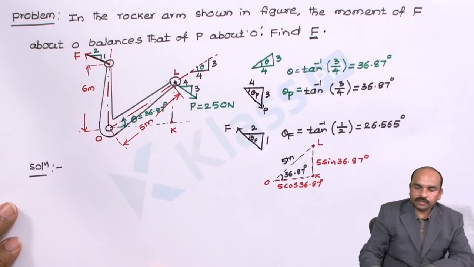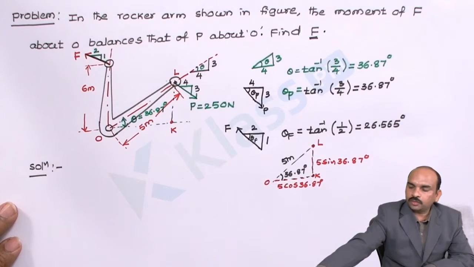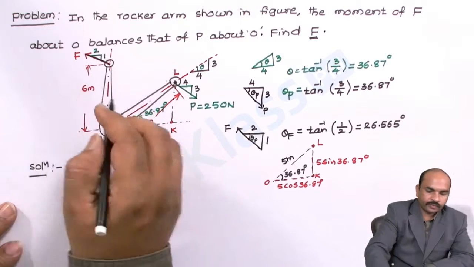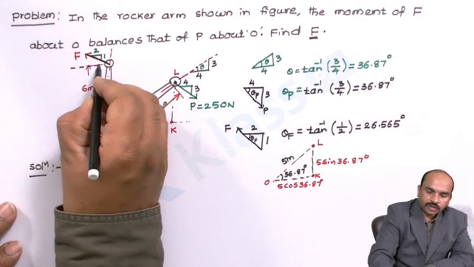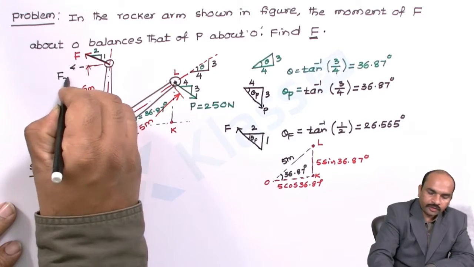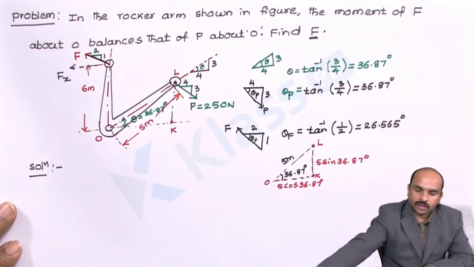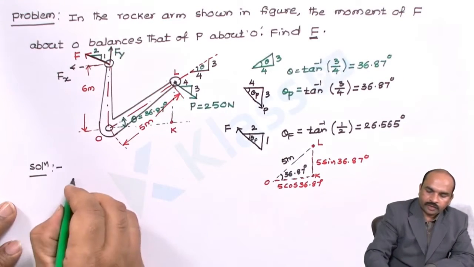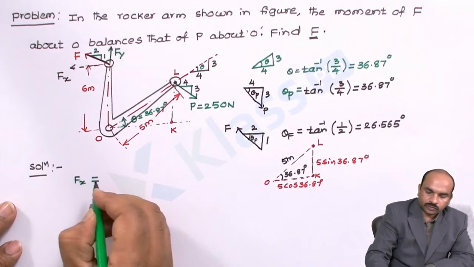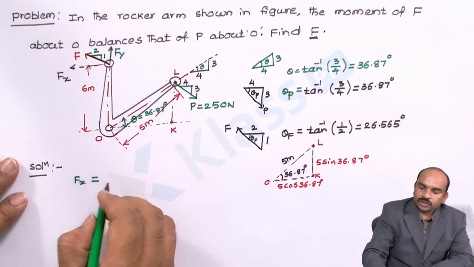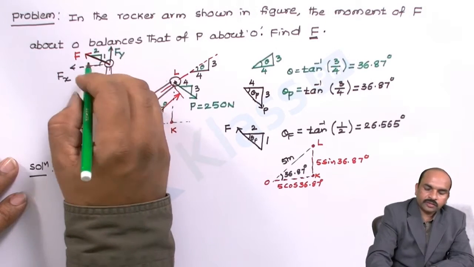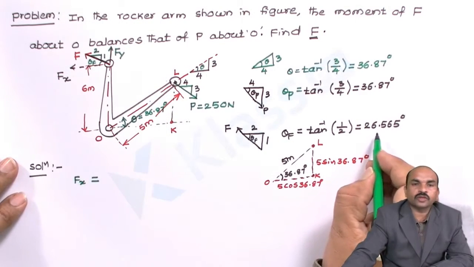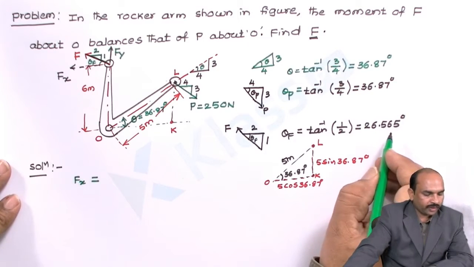Now let us write the force components, that is, let us write Fx, Fy. So Fx is a component along this line, and Fy is a component along the vertical line, this is Fy. So Fx equals, we know its horizontal angle, that is theta F, which is 26.565 degrees.